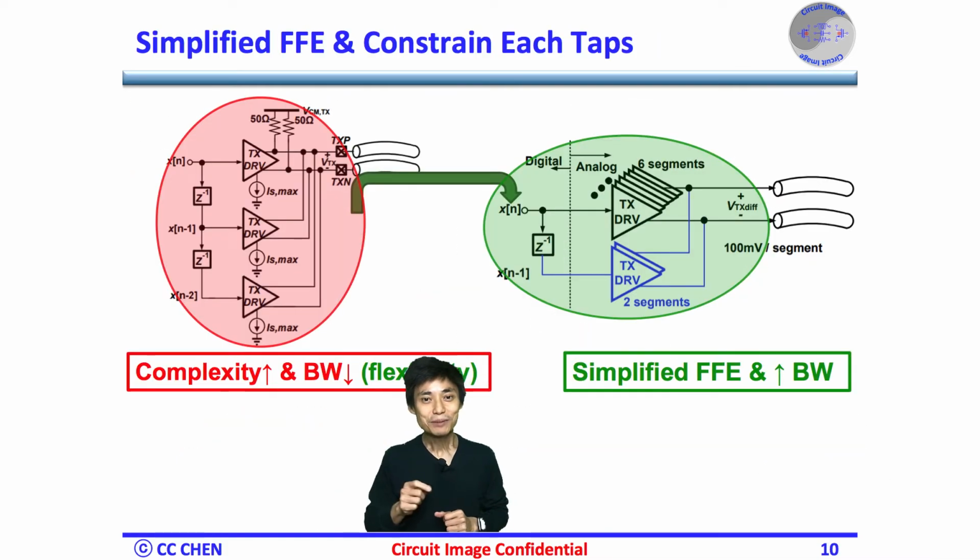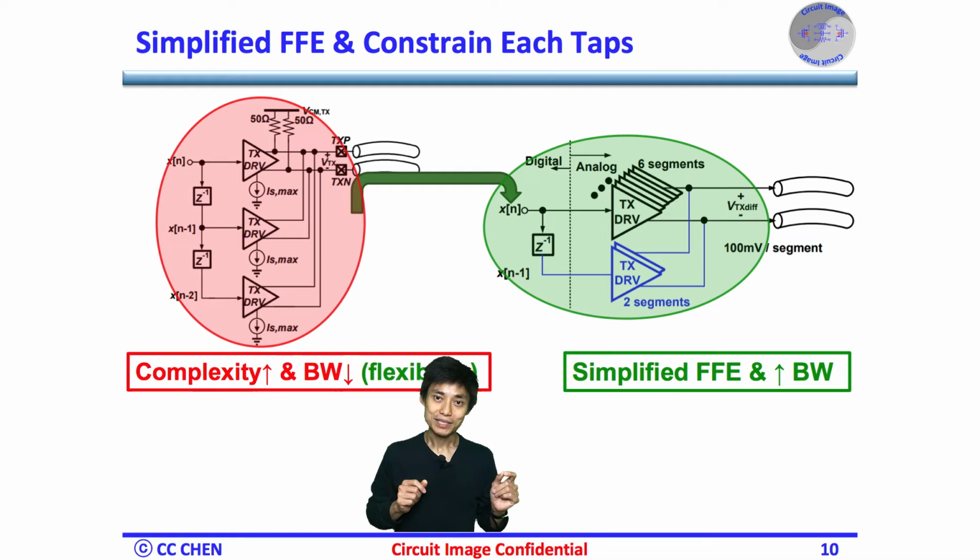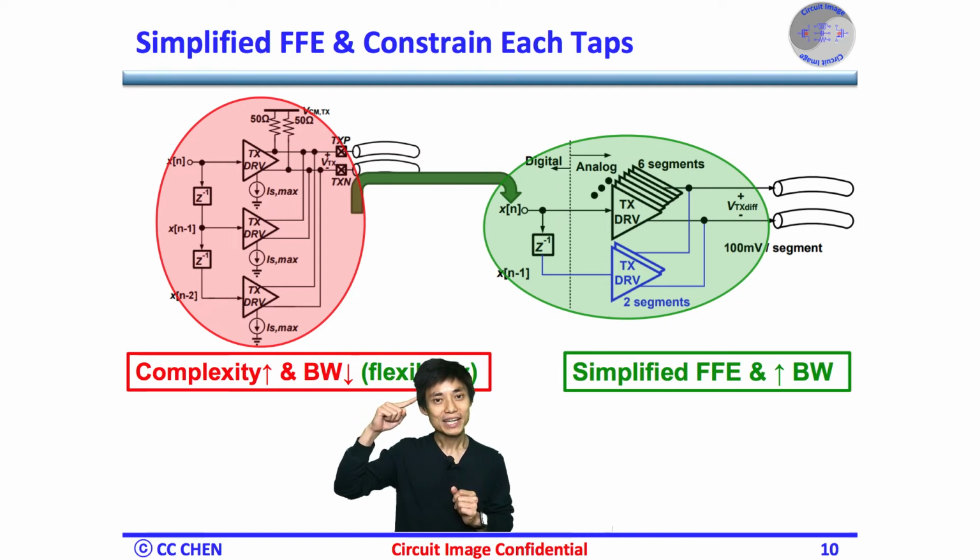Bingo! The simpler design always provides fewer overheads. Loss of flexibility means less complexity. To avoid the overhead, we must remove the flexibility and then simplify the FFE with constrained taps. Remember our previous case study of an analog-based TX driver with a two-tap FFE implementation?